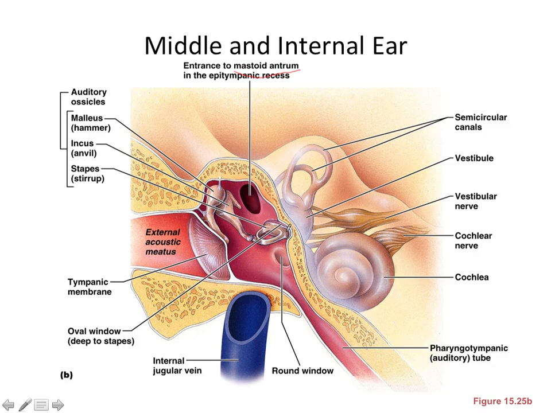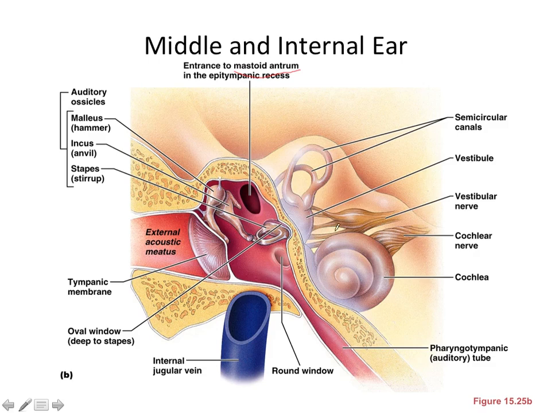Now here is the inner ear. This part is called the vestibule. The vestibule has three canals, which we call the semicircular canals.